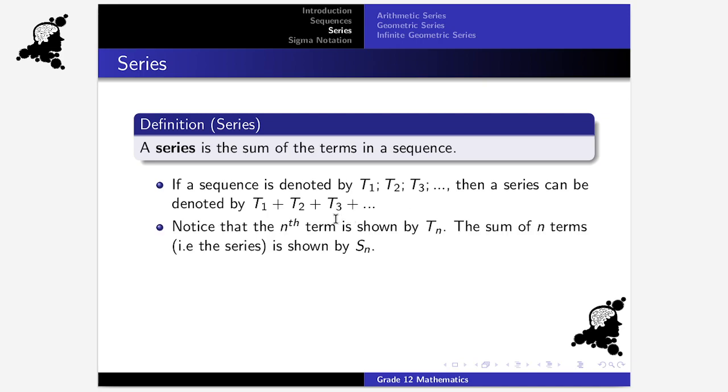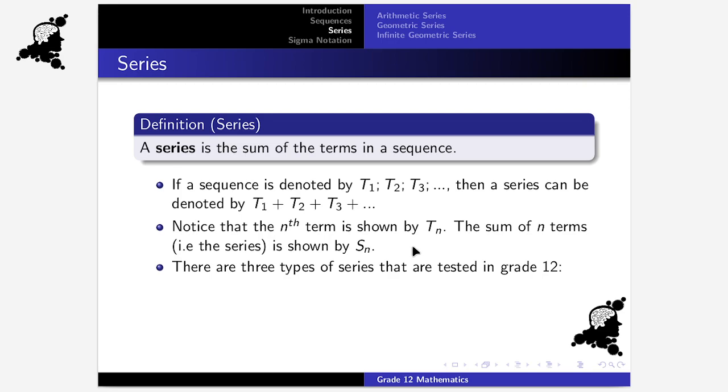Notice that the nth term, which is the general term, I'm placing special emphasis on the term because that's for a sequence, we show by Tn. The sum of n terms or the series is represented by Sn. So, general term or pattern, Tn. Sum or series, Sn. Hope that makes sense.